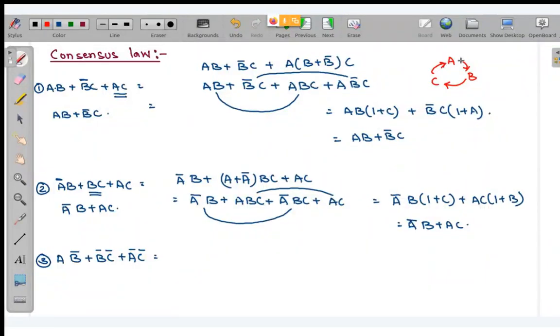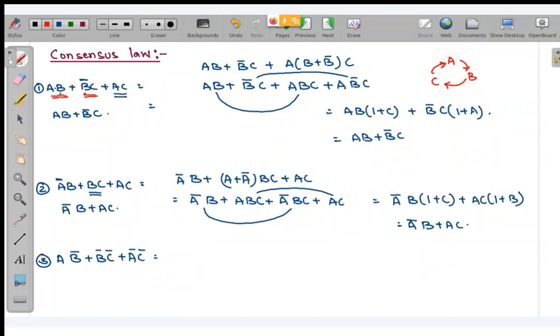If it is 3 variables, you can see this will be A, B, B, C, A, C. Along with that, out of A, B, C, only one of the variables has a normal term and a complemented term. Over here, it is B. You can see this B has complement and this B has non-complemented form. So when you apply the consensus law, you are going to retain only those terms which have one non-complemented and one complemented.